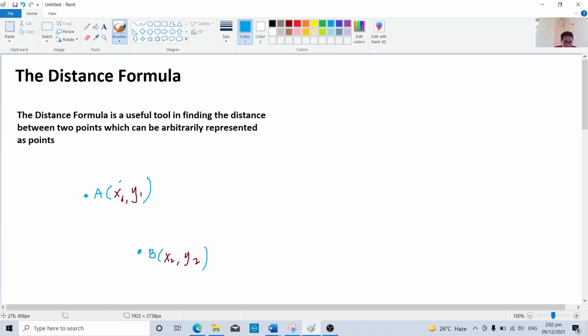Kapag kinonect ko yung dalawang point na yan, yung point A at point B, ito na yung distance na pinapahanap. Ayan. Yan na yung distance. Ano daw yung distance from point A to point B?